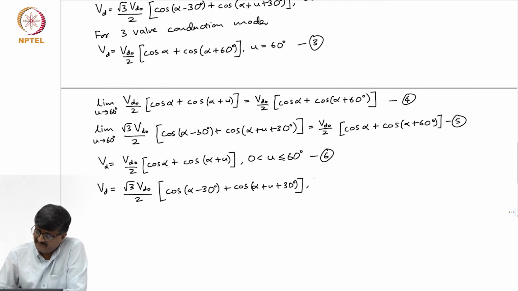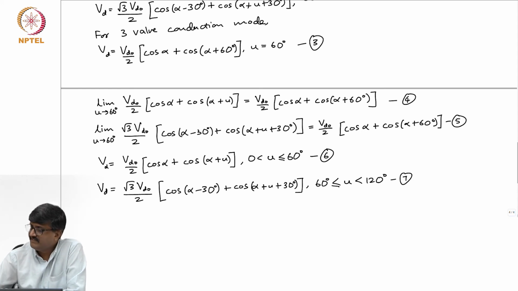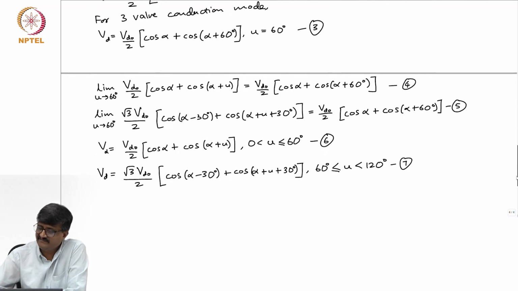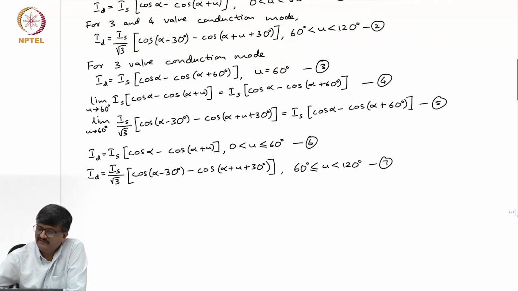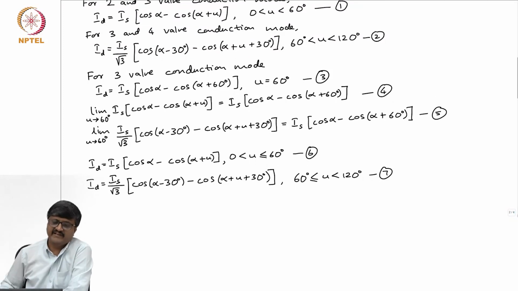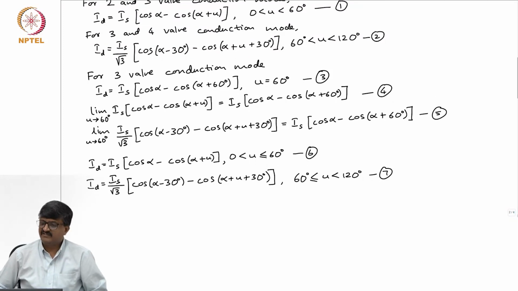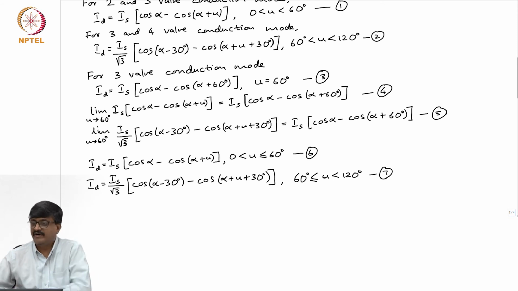This equation is valid for not just u greater than 60 degrees and less than 120 degrees, but also for u equal to 60 degrees. So essentially it says that 6 and 7 can be used instead of 1, 2 and 3. This is the same as what we did for the equation relating Id, alpha and u.